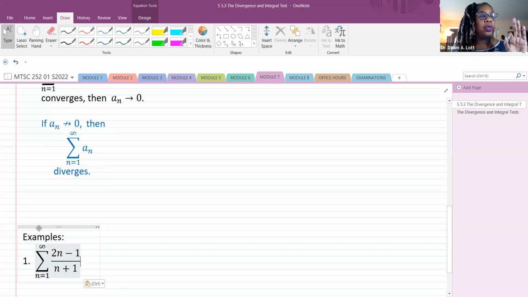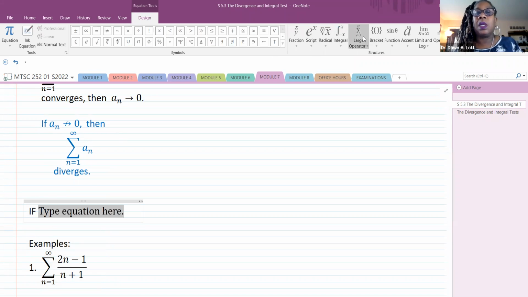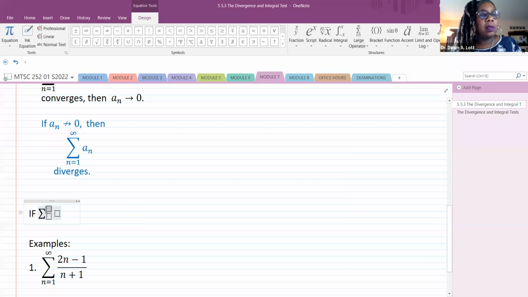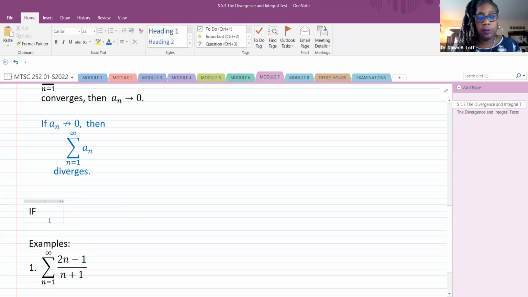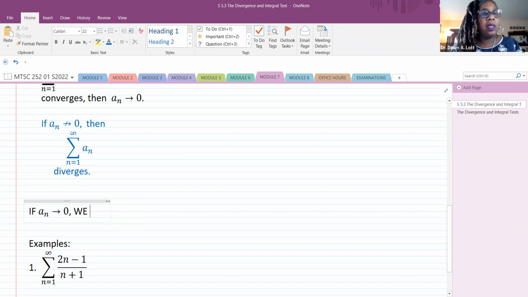Actually, before I go through this example, I want to make this very clear. If AN goes to 0, we know nothing.